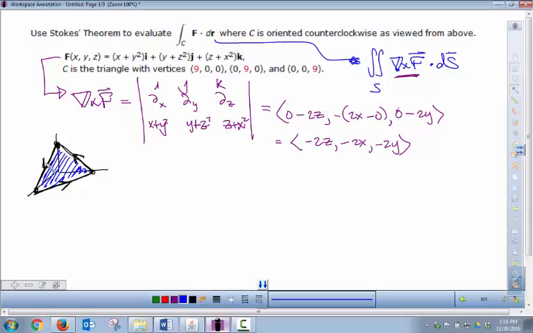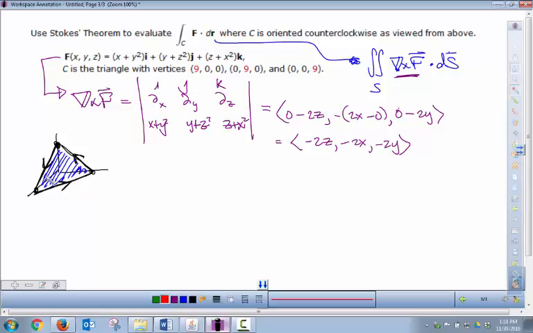So the equation of the plane is x plus y plus z equals 9. But let's actually find it using some of the techniques that we've learned in the past. What do we need for an equation of a plane? We need a normal vector and a point. So we have 3 points to choose from.